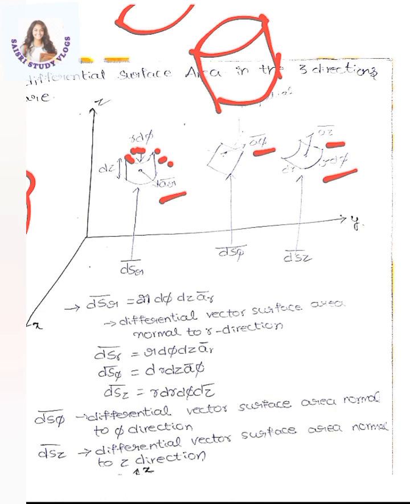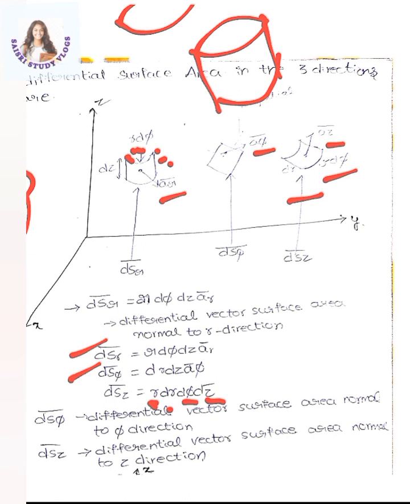So here ds r bar is the differential vector surface area normal to the r direction. Normal means perpendicular to the r direction. And then this is the formula: in the phi direction, dr, dz, d phi. And for this one, ds z bar, the formula is r d phi and dr.